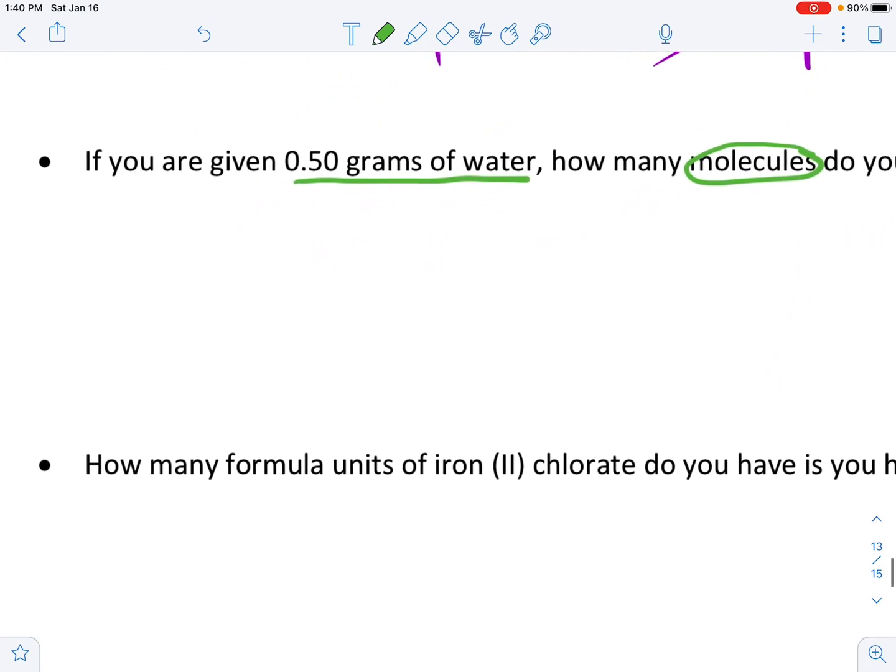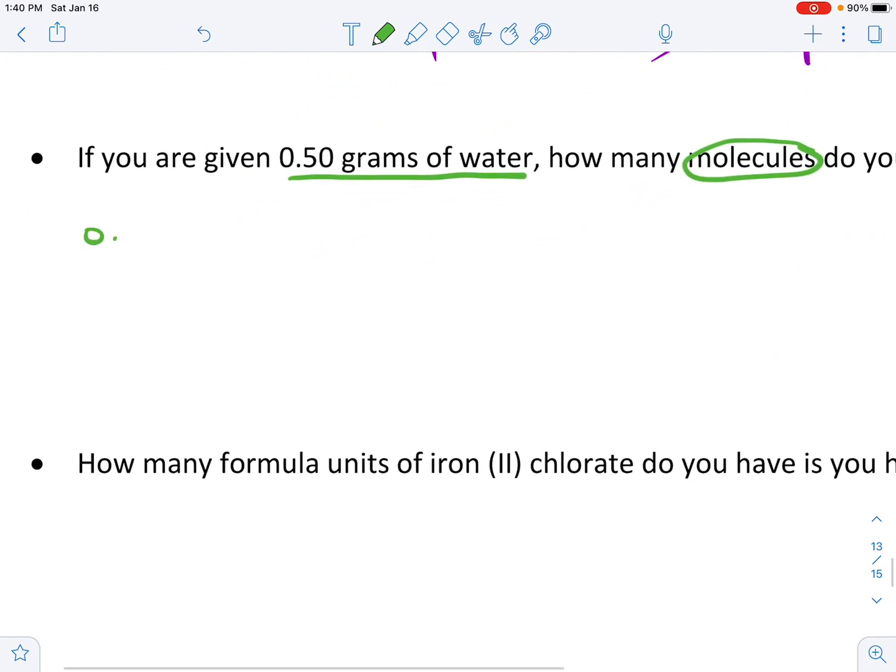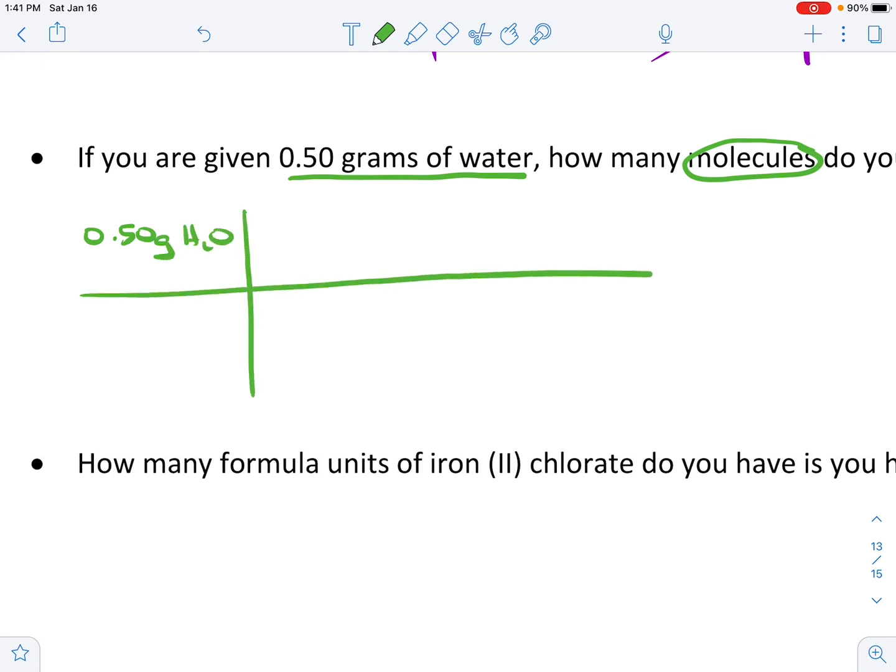So let's make ourselves a little T-chart. 0.50 grams of H2O. I don't know if you know the molar mass of water by heart yet, but we're getting there. We're going to divide by 18.02 grams of H2O. That way our grams cancel, and we're now at moles.